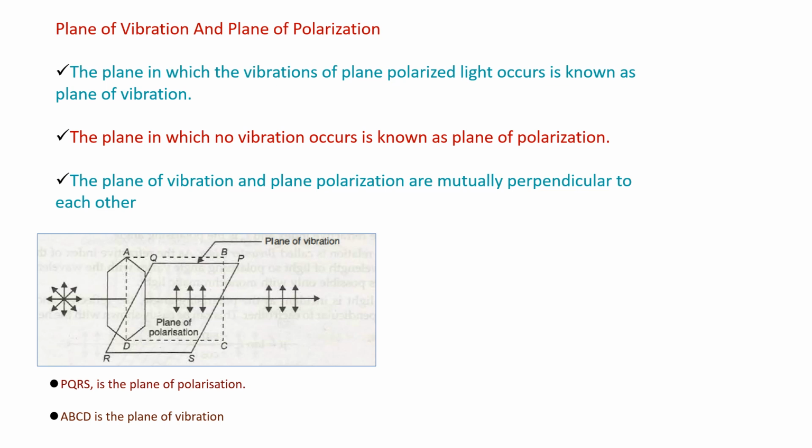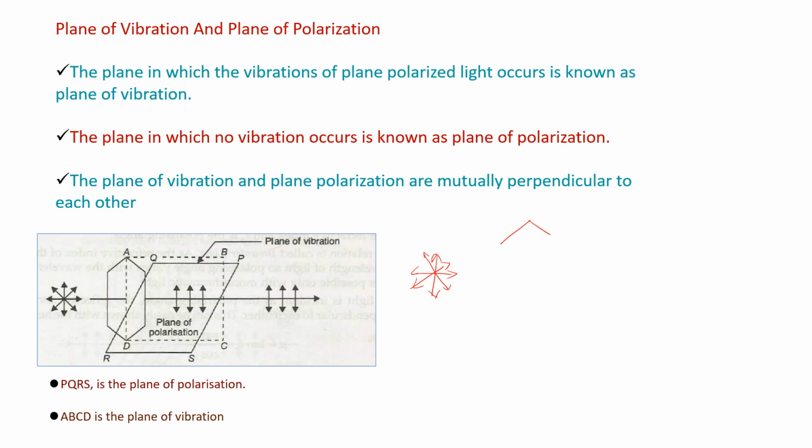Let us define now what is plane of vibration and plane of polarization. Now, this is unpolarized light where the electric field is vibrating in all possible directions.